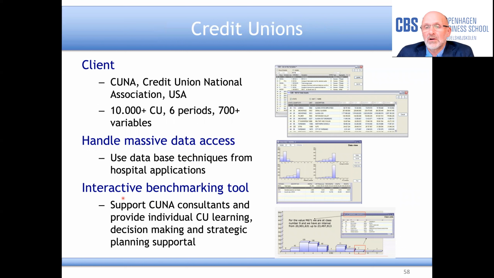An early one we did was about the US credit unions. It was a challenging project because it was a very large data set. So we had some 10,000 plus credit unions. We had data from 6 periods for all these credit unions, and in each period we had more than 700 variables.